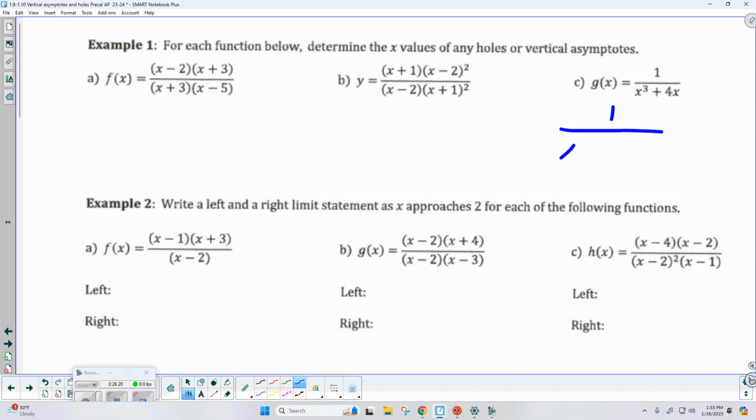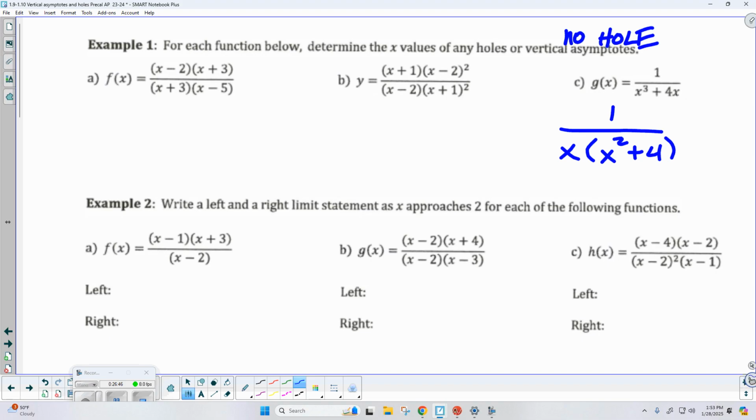So if I pull out the x, what's left? There we go. Okay. So let me ask you about this one. Is there a hole? Why not? Nothing cancels. Okay. So one less thing to worry about.